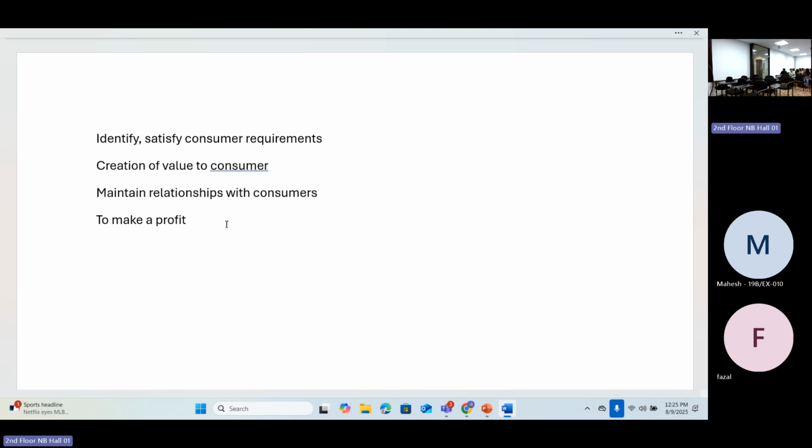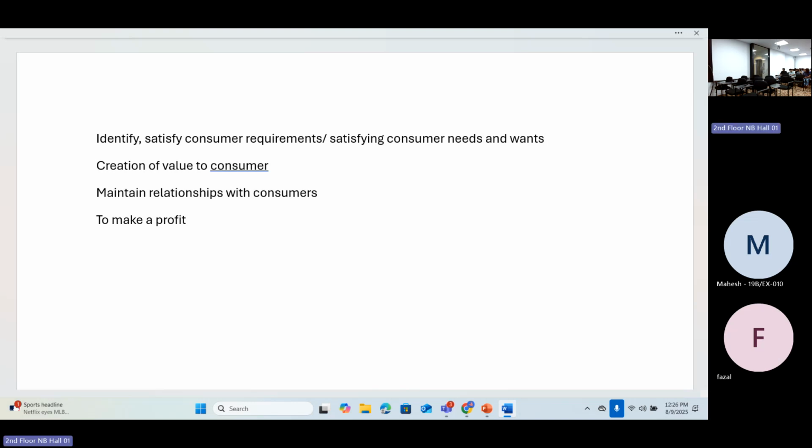And it also highlights identifying and satisfying needs of consumers or the identified market segment, right? That means same thing here, satisfying consumer needs and wants. Right, same points are there.